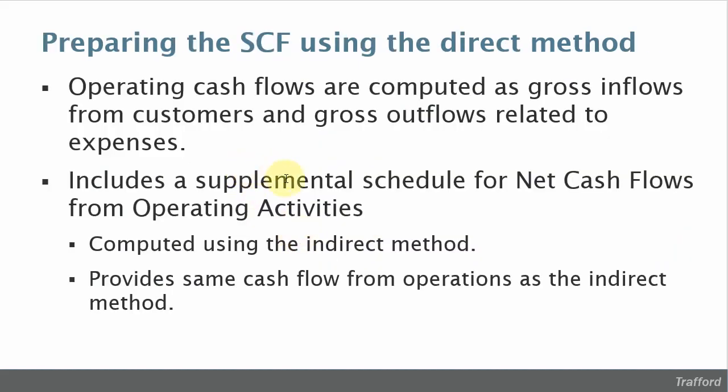Our first demonstration here is going to be preparation of the statement of cash flows using the direct method for our operating cash flow schedule. Because we'll be using the direct method, remember that we would also have to include that supplemental schedule in the footnote that uses the indirect method.